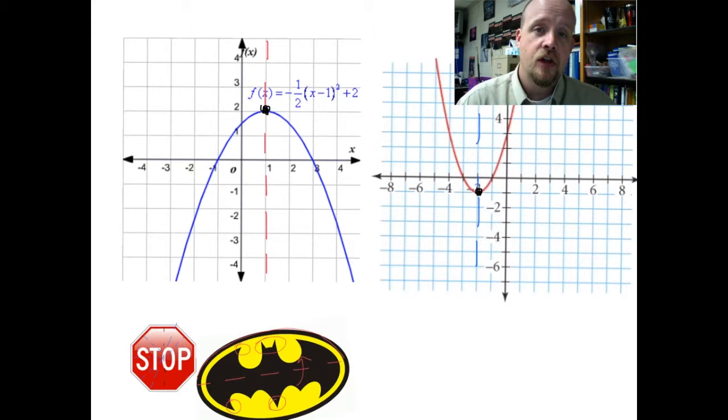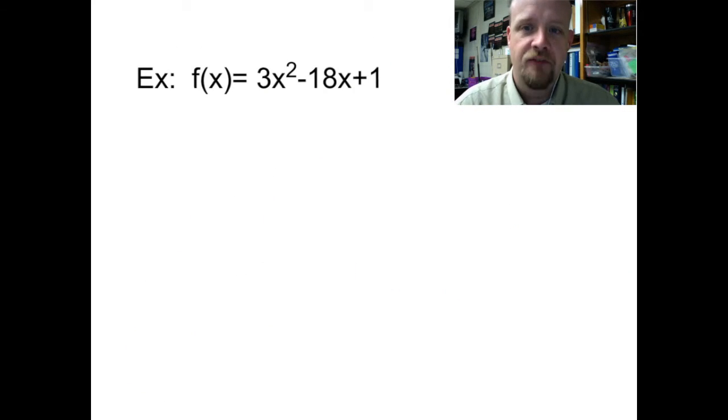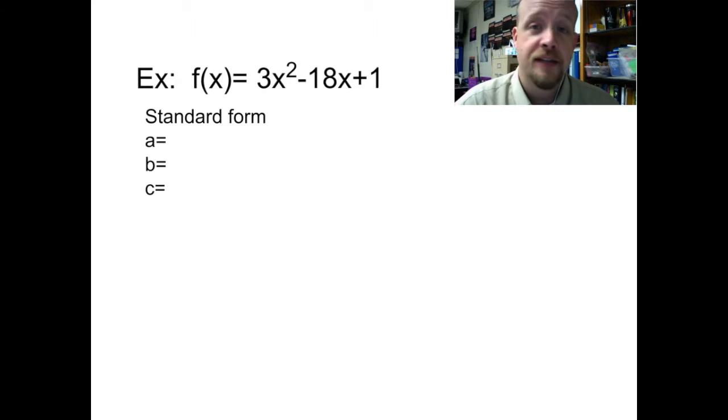In fact, when you find these mathematically from the equations, you'll recognize the formula from when we looked at finding the vertex. Let's look at this example: 3x squared minus 18x plus 1. This is standard form, which means we're looking for a, b, and c. We can identify those quickly: a is 3, b is negative 18, and c is positive 1.